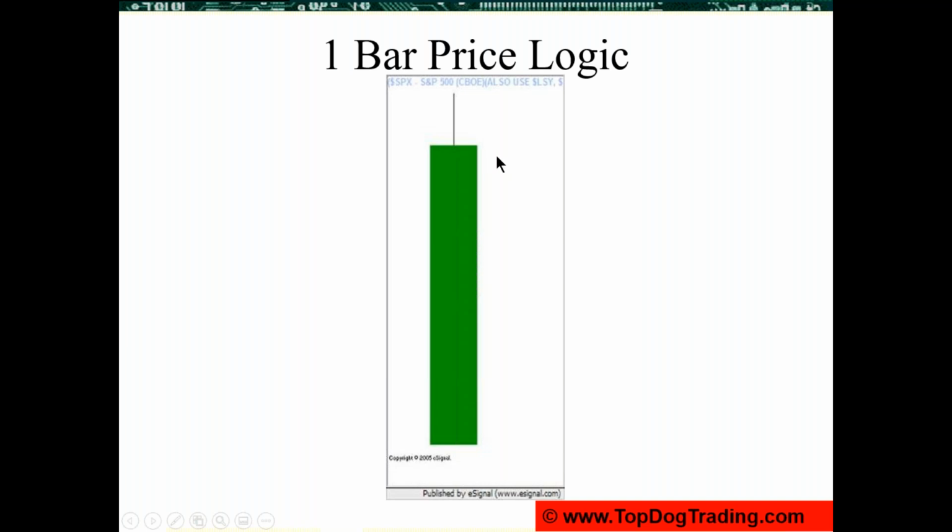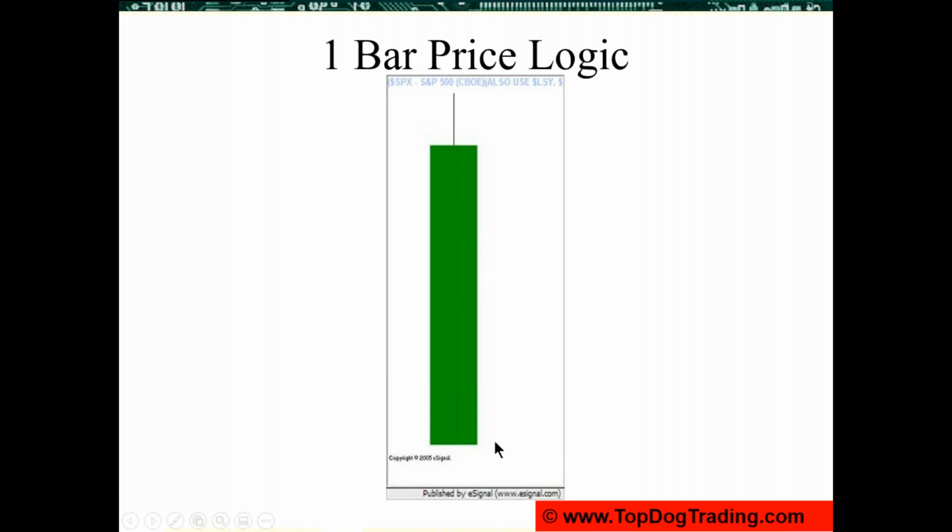All the market participants said, after all was said and done during this period of time, let's say it's a daily bar for argument's sake, this is the price we value the market at today, after all the news, the gossip, the rumors, the commentary, the opinions. We're saying it's worth this at the end of today. Now, tomorrow that's going to change, because opinions change, new news comes out, all that kind of stuff.